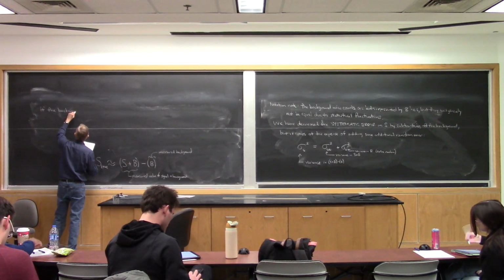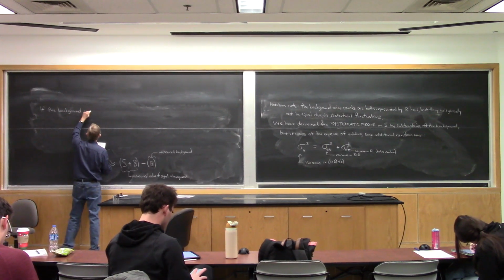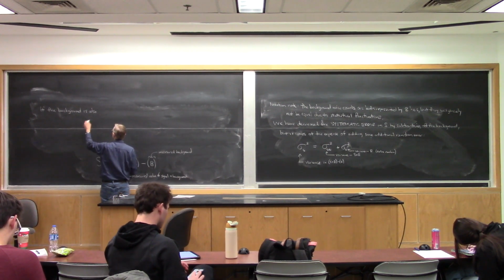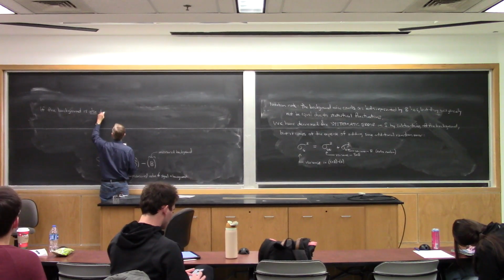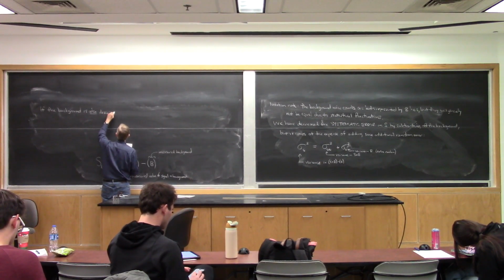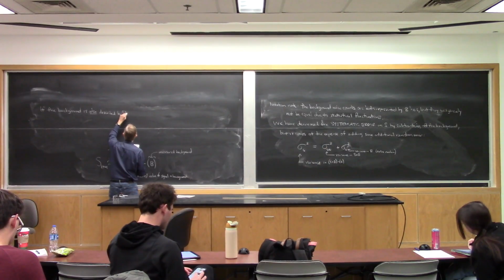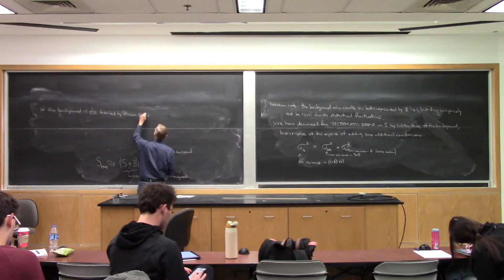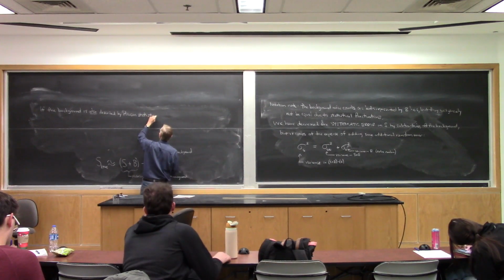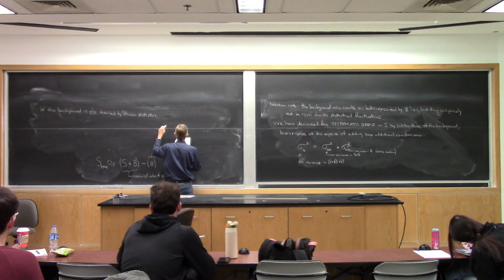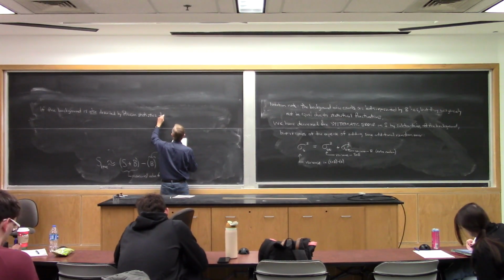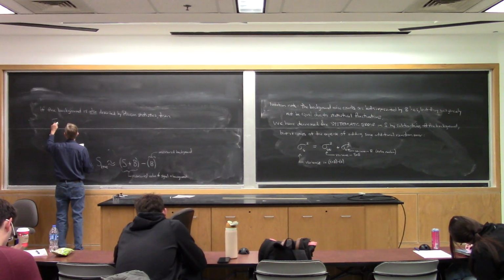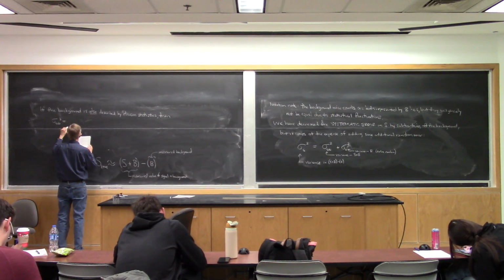Those are just random counts coming in too. So with the caveat, usually true, that if the background is also described by Poisson statistics, then we have that sigma squared of s plus b, well, that's just s plus b.